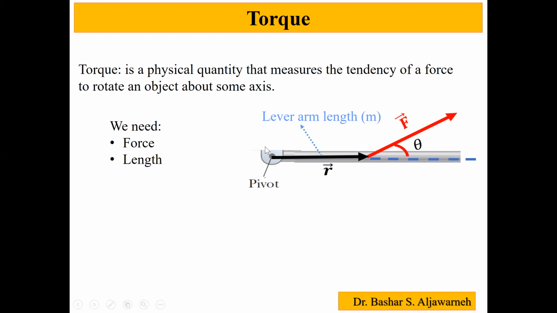The first one, the object is fixed at a certain point, which is a pivot. Second parameter, the force acting at a certain distance from this point to the fixed point. Third parameter, which is the lever arm. And pay attention that the force and the lever arm, both of them are vectors.